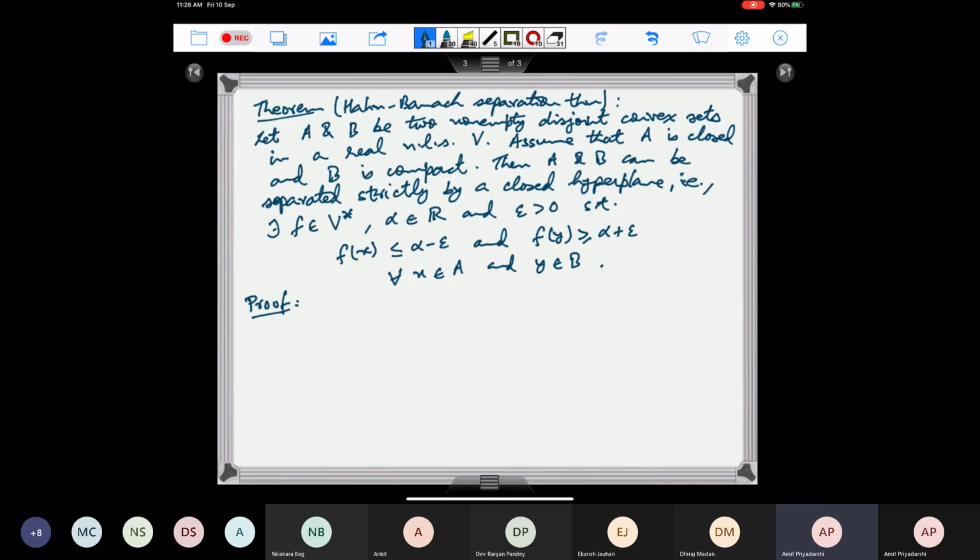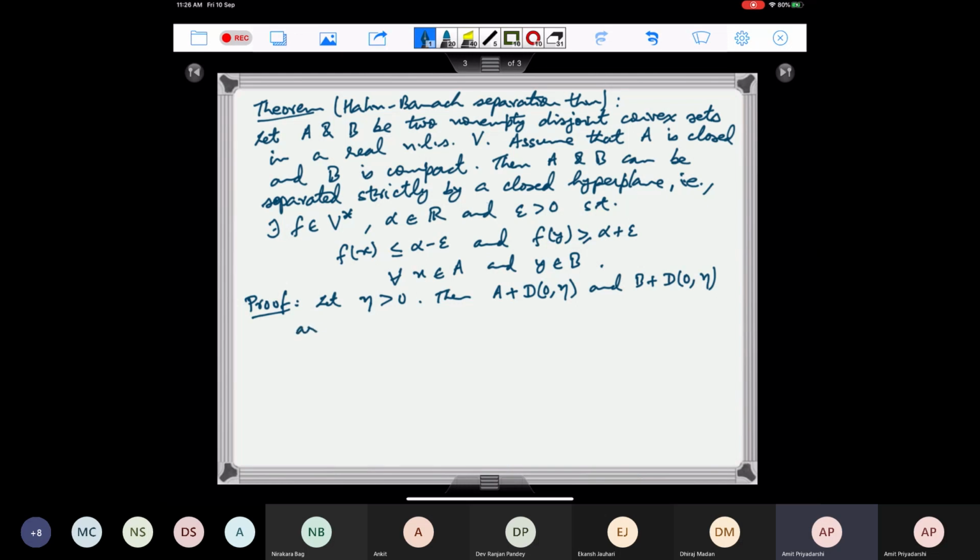If we take any eta positive, and look at A plus the open ball of radius eta centered at the origin, and similarly B plus D0 eta, what can we say about this?